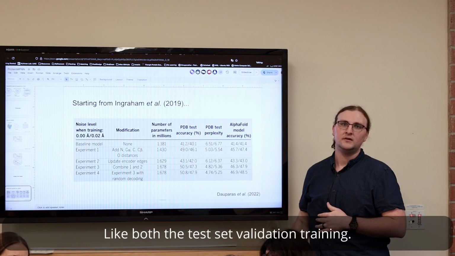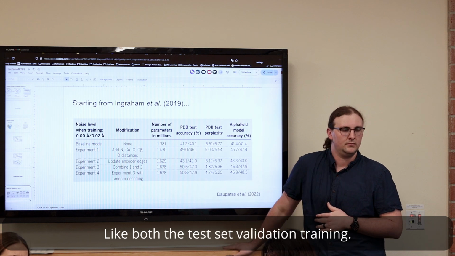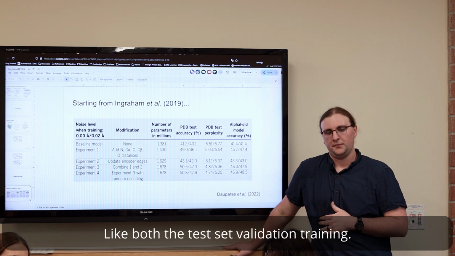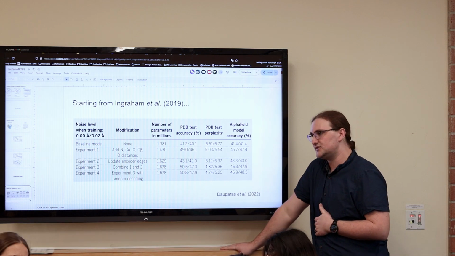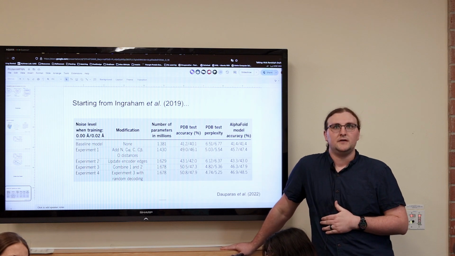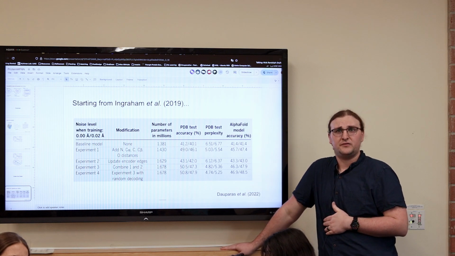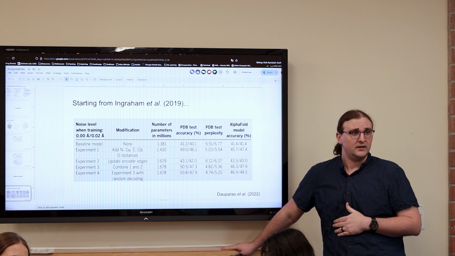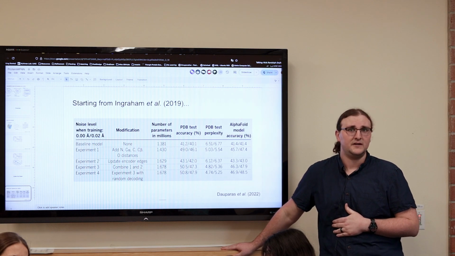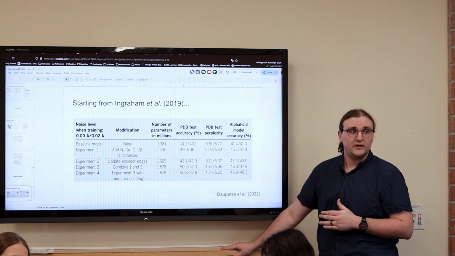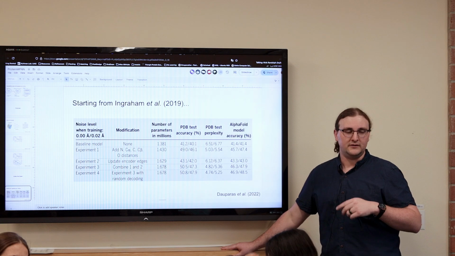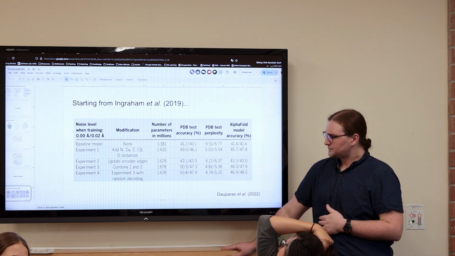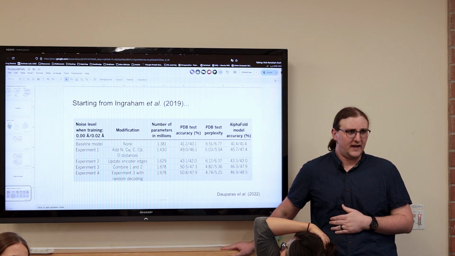I think they just chose structures that have less than 40% sequence identity as the cutoff, and that's how they deduplicated the data. So anything greater than 40% sequence identity, they threw away, and then they split it randomly after that.